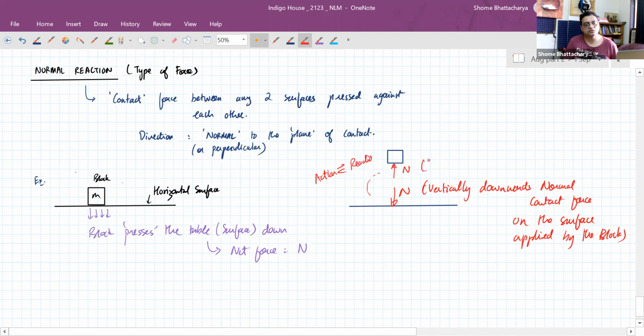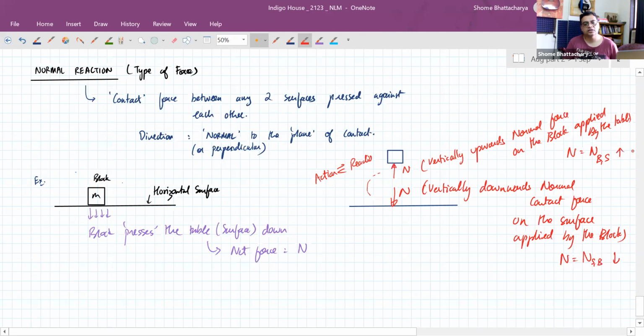Because this is the vertically upwards force, but this is on the block, okay, applied by the table. You can see that this one is the normal reaction on the block by the surface. Okay, this is the normal reaction on the surface by the block. So it's in the downward direction. So they are equal and opposite to each other. So they are an action reaction pair.